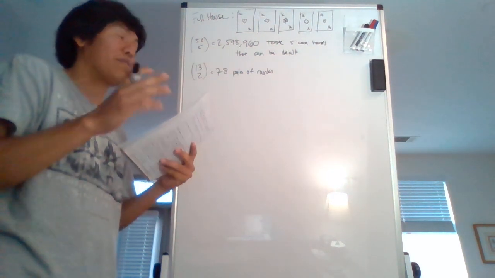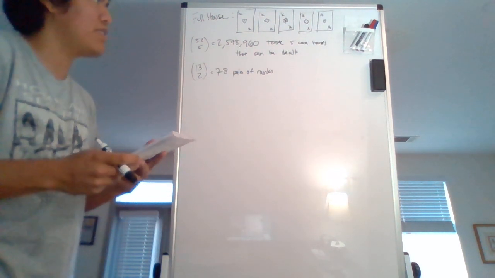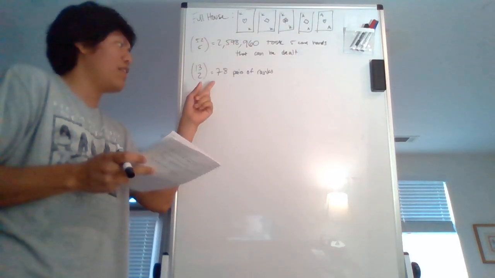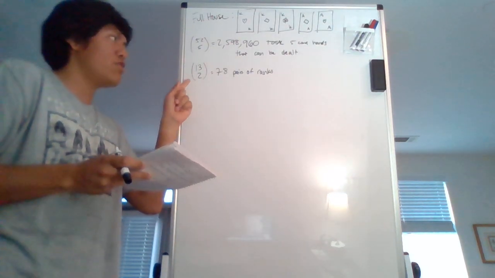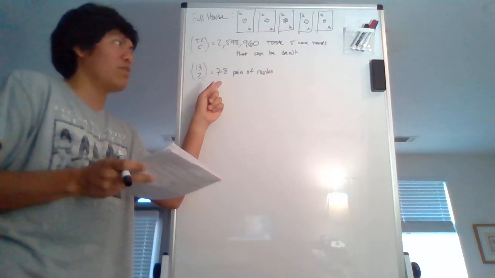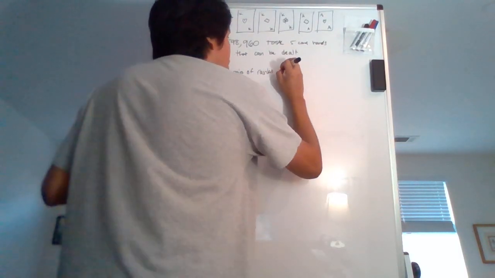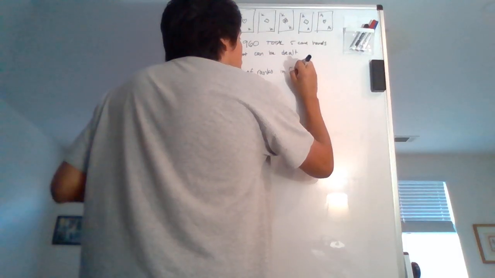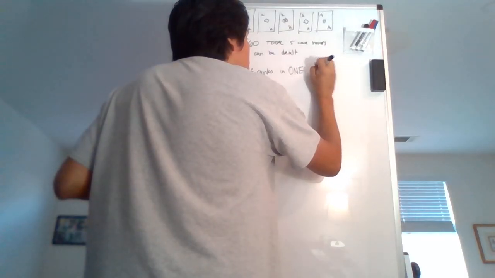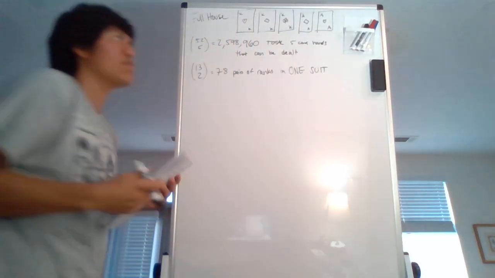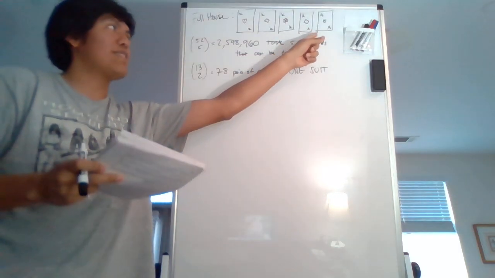Excuse me. No. Okay, okay. There's 13 choose 2, which is equal to 78 pairs of ranks in one suit. In one suit. Okay, so no, it's not like this.